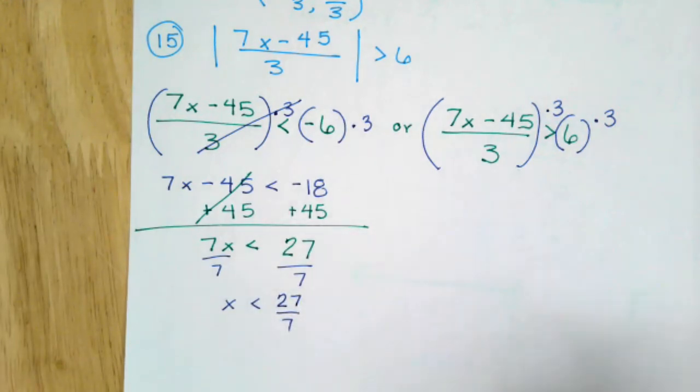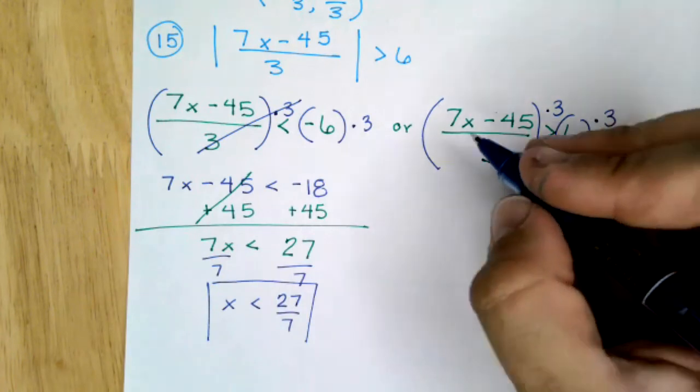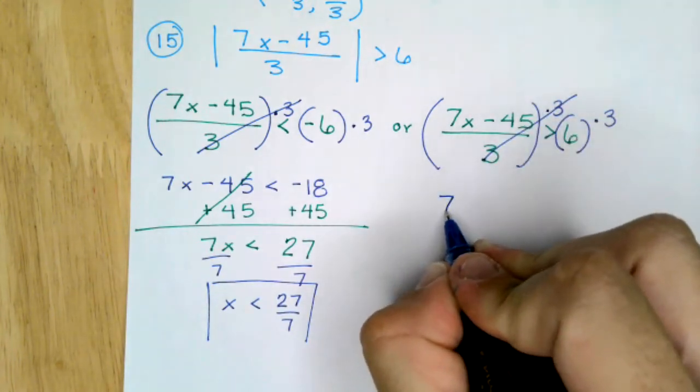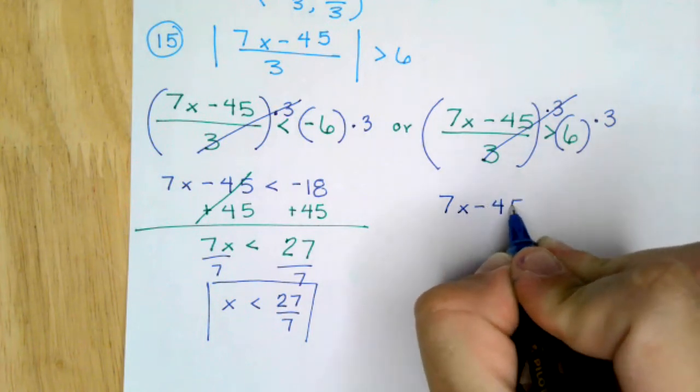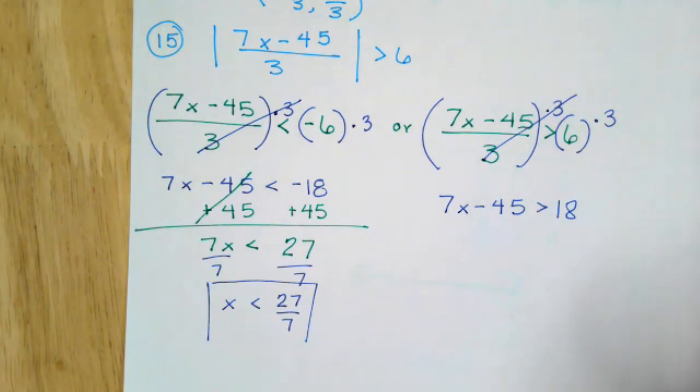You can't really simplify it. Here, the 3's cancel. 7x minus 45 is greater than 18.